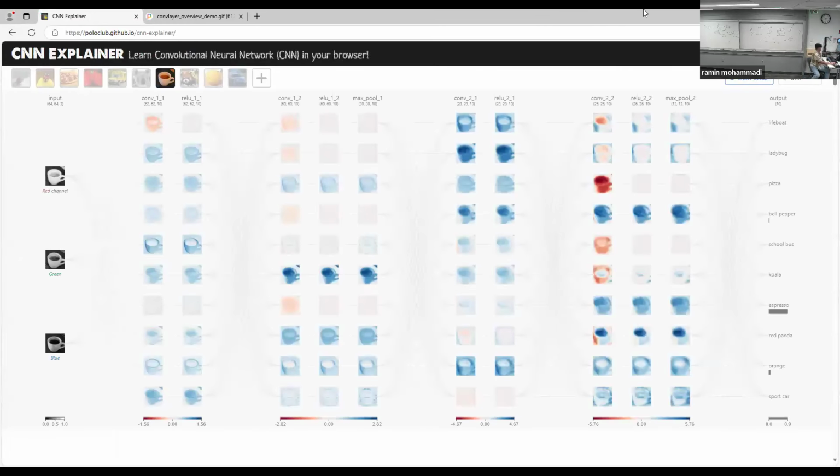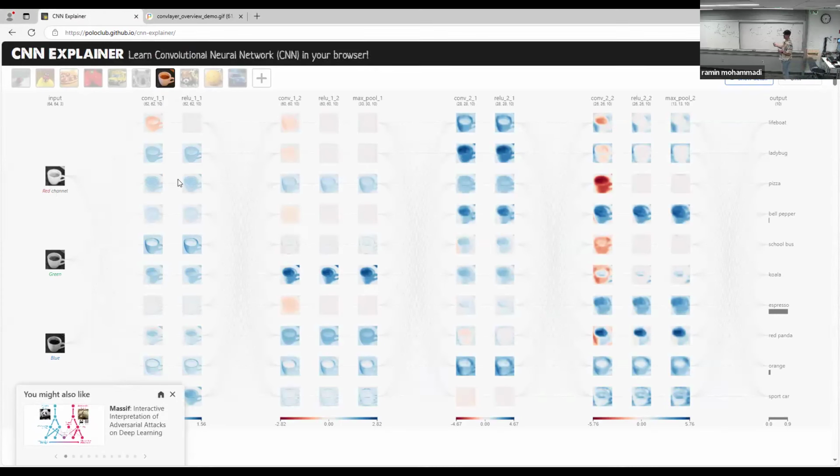Let's just start here. You see we have 3 channels: red, green, blue. In the first layer, convolution layer 1, we are applying 10 kernels. That's why the depth is going to be 10. When you apply 10 kernels here, every kernel by itself needs to operate over 3 channels.